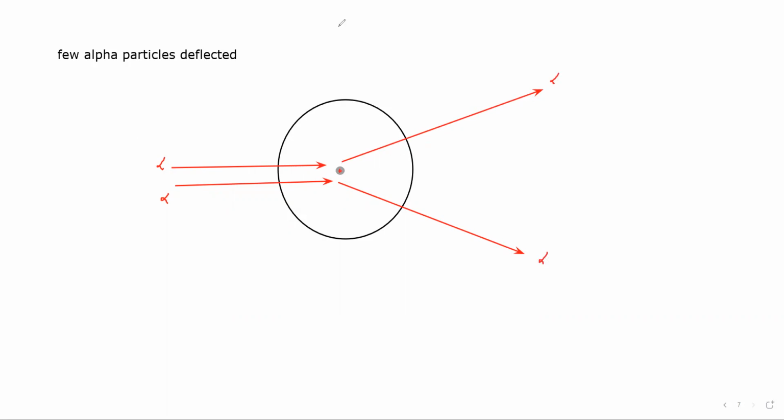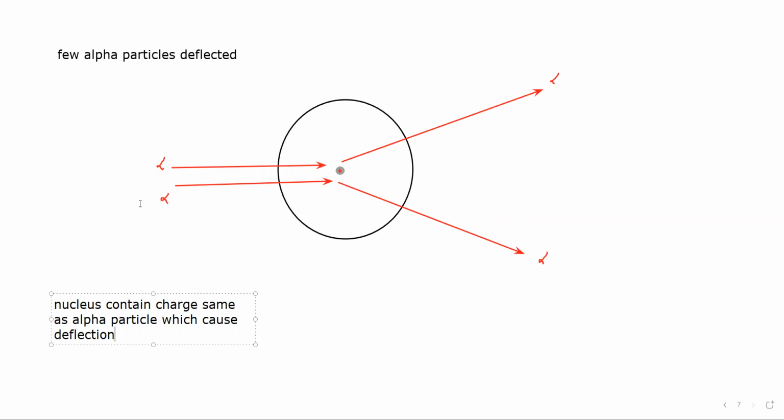So his second conclusion, from the deviation or deflection, was that the nucleus contains a charge same as the alpha particle, which causes deviation or deflection.